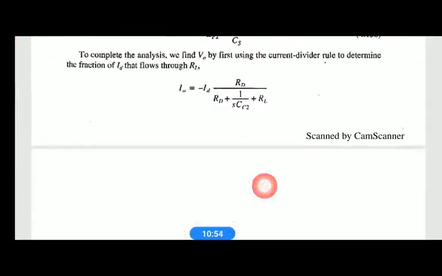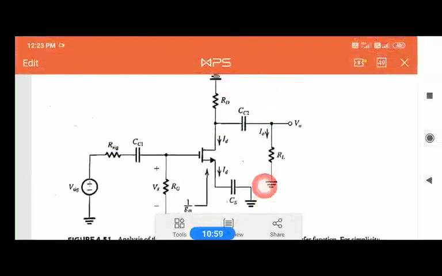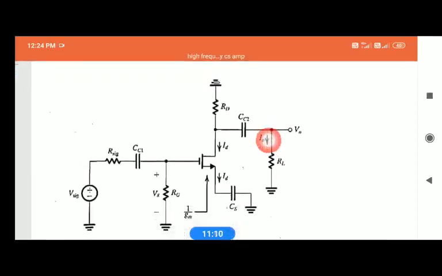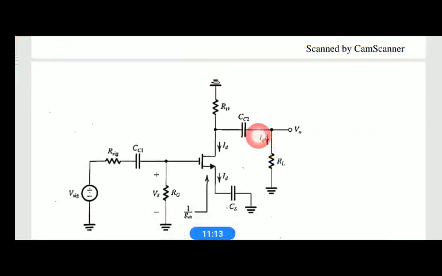Similarly, to get the cutoff frequency due to Cc2, we will go to the output circuit here. We look at what I naught is, obtained by applying the current divider rule. To find the current flowing through the network of Cc2 and RL, we multiply the main current source ID by the opposite resistance, ID into Rd, divided by the whole resistance in this network.